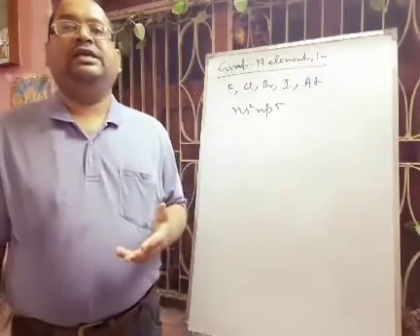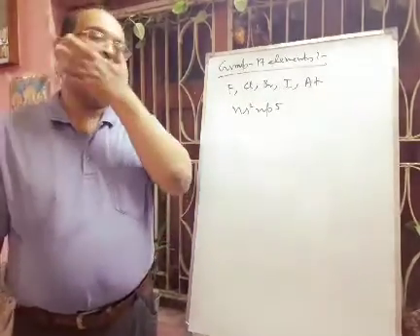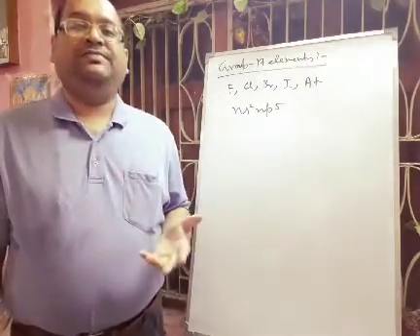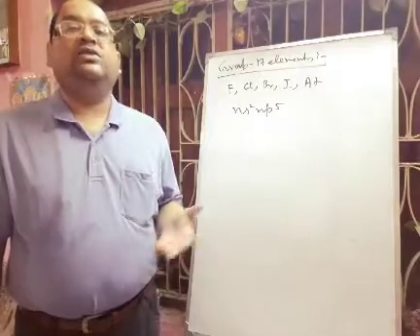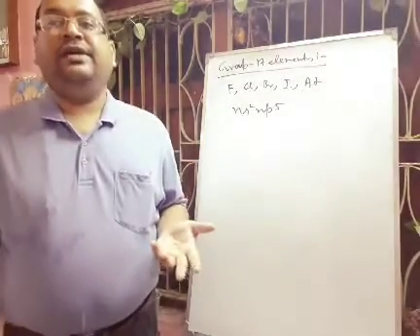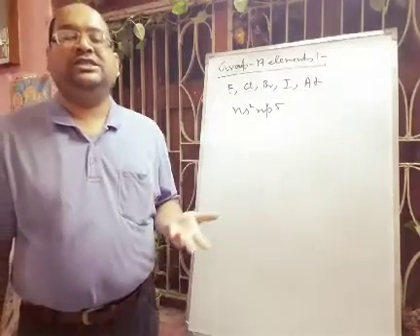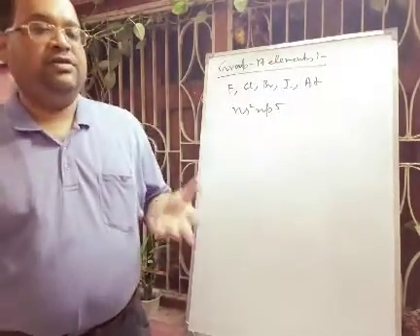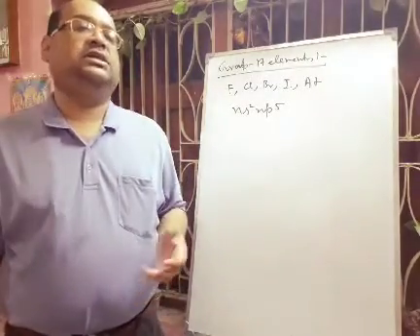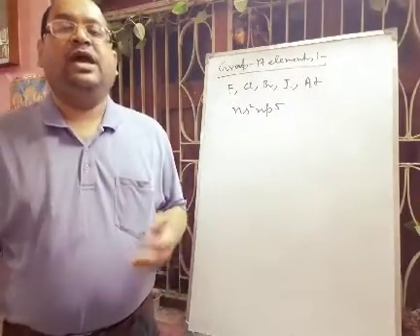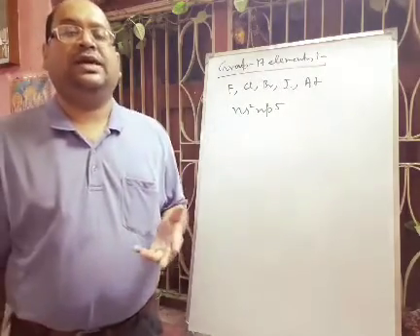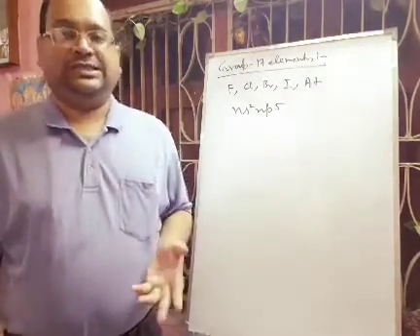But in HClO, the oxidation state of chlorine will be plus 1, in ClF3 chlorine will be plus 3, in ClO2 chlorine will be plus 4, in HClO3 it will be plus 5, in Cl2O6 the oxidation state of chlorine will be plus 6, and in perchloric acid HClO4, its oxidation number will be plus 7. Other elements also show plus 3, plus 5, plus 6, plus 7 oxidation states.